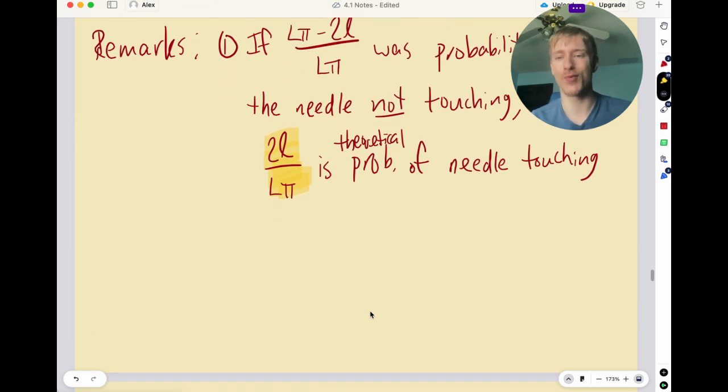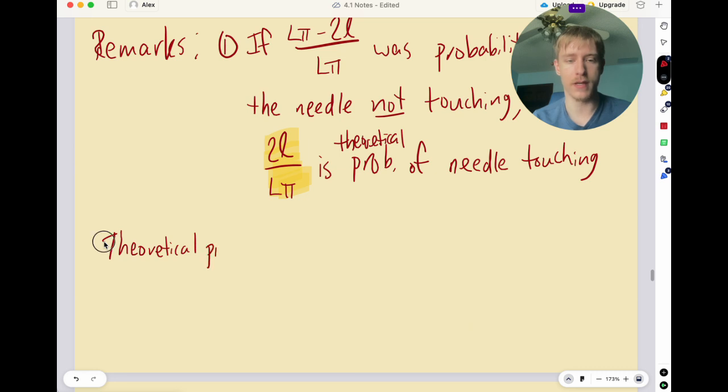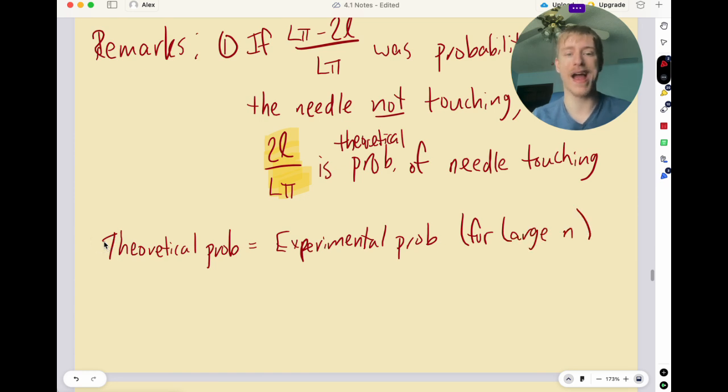Well, going back to chapter 1, if you'll recall, the theoretical probability equals the experimental probability for large enough n, where n is the number of trials in your experimental probability. So what I can say now is that the theoretical probability of 2L divided by L pi has to equal, or I guess maybe approximate, the experimental probability.